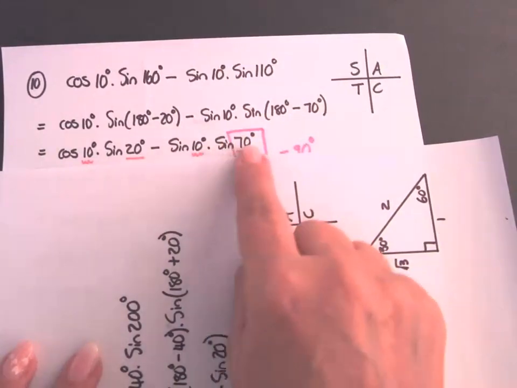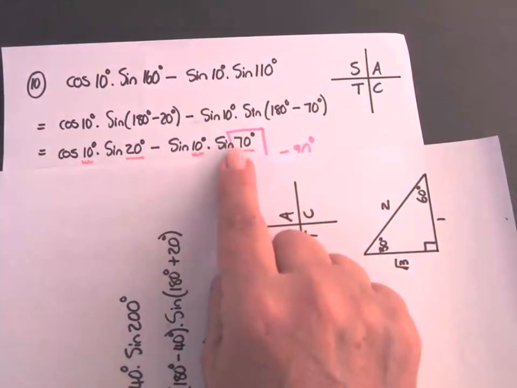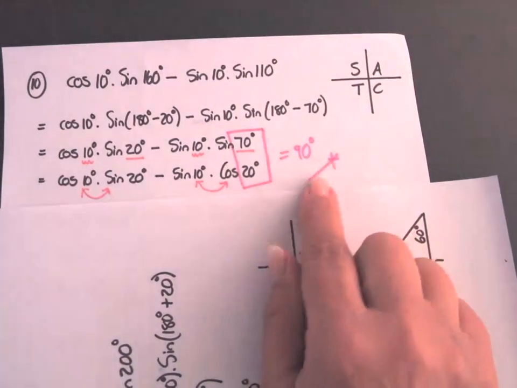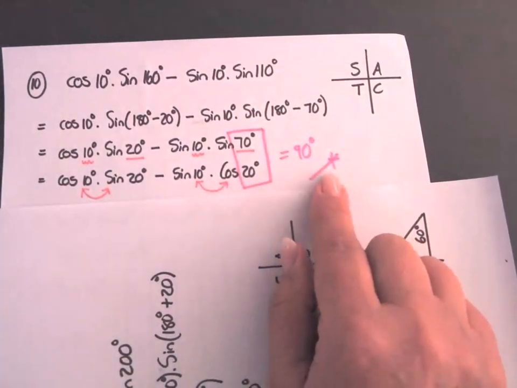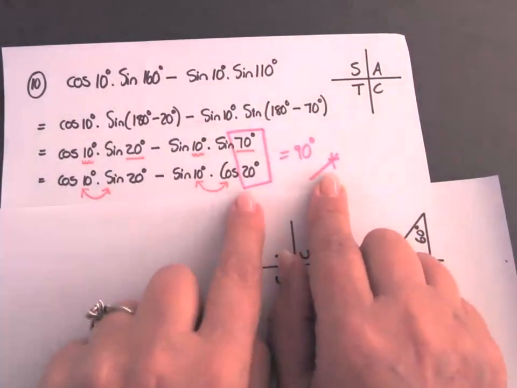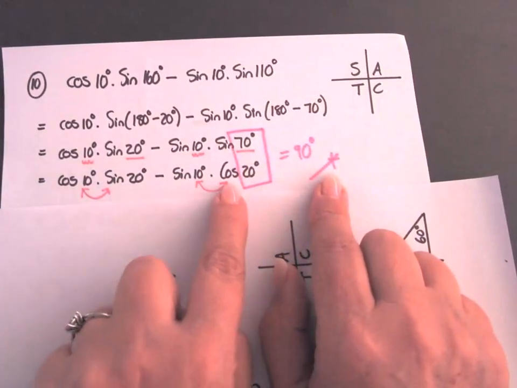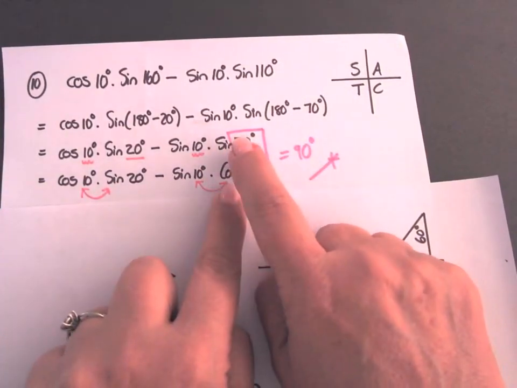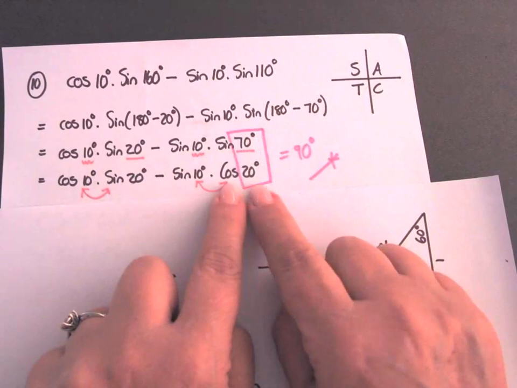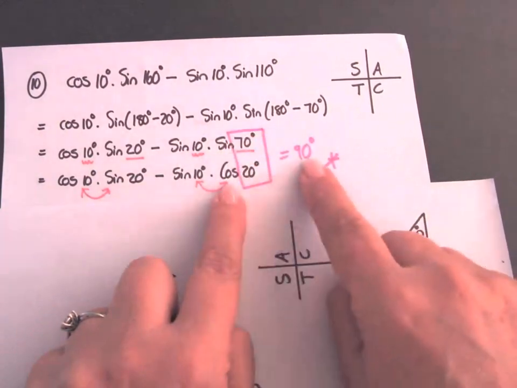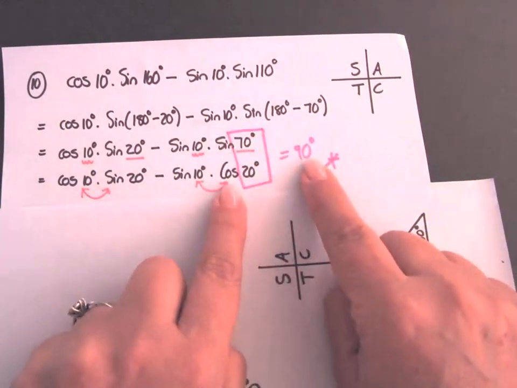Can I change the sine 70 to a cos something? Yes. With co-functions, the little fairy. She changes the sine into a cos, and she changes the angles to something adding up to 90. Okay?